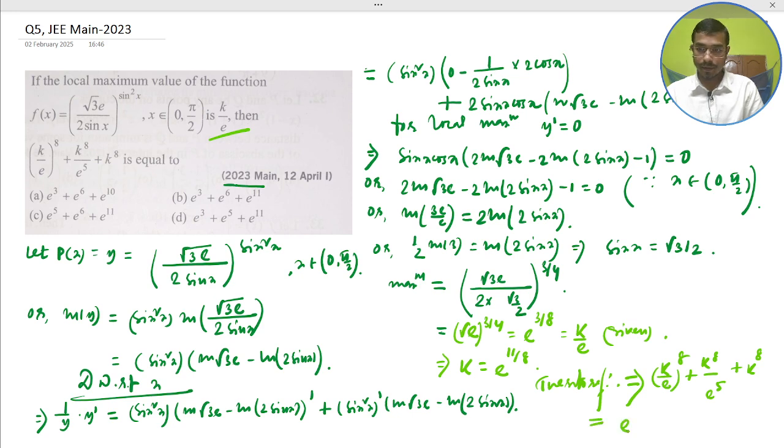Put this value here, e cube. So k equals e to the power 11/8. So it would become e cube plus e to the power 6 plus e to the power 11. 11/8, so it would become 11. It would become 6 and the 3. So e cube plus e to the power 6 plus e to the power 11 would be the answer. So I think option B, e cube plus e to the power 6 plus e to the power 11, B would be the correct answer.